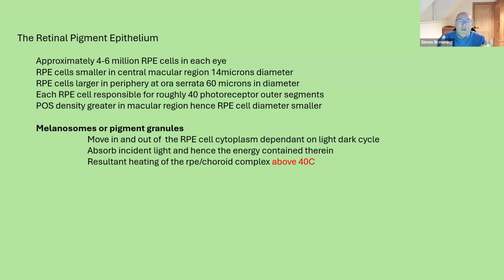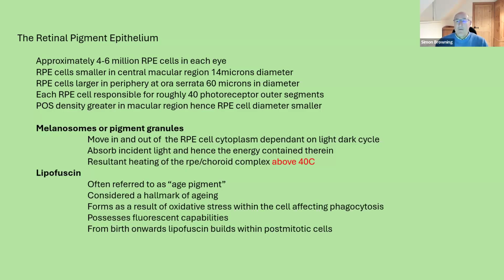In that heat, you get so much more oxidation going on. You can't avoid it because of the heat. Well, the melanosomes are incredibly important, but then we have our friend lipofuscin. And this is often referred to as the age pigment because it's considered a hallmark of aging within a cell. And lipofuscin is formed because of this oxidation process going on and the oxidative stress.